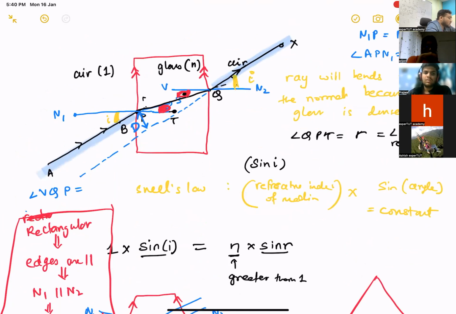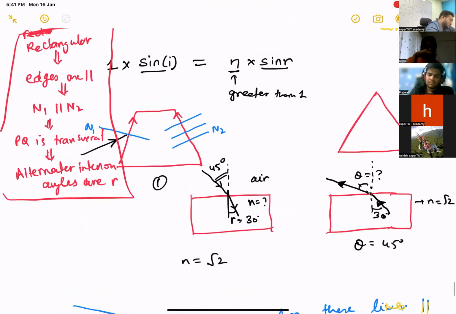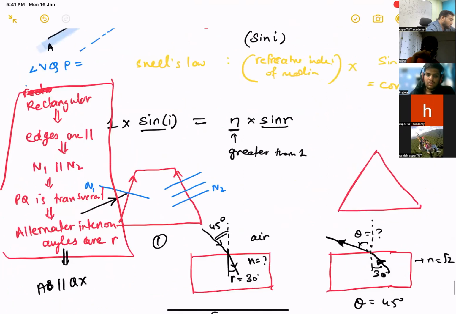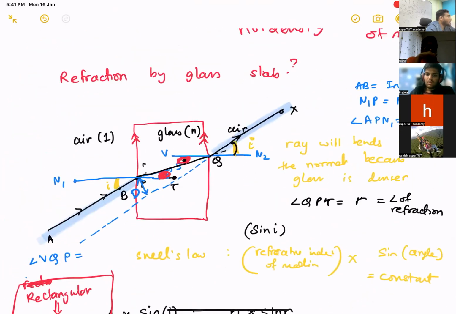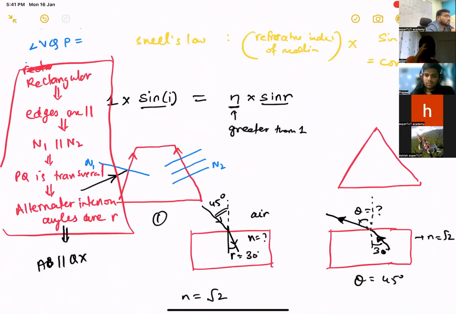R बराबर होने की वजह से ये I आया. इसी वजह से AB is parallel to QX आया ना. That means we can only talk of lateral displacement in a rectangular glass slab. Prism में lateral displacement नहीं होगा.